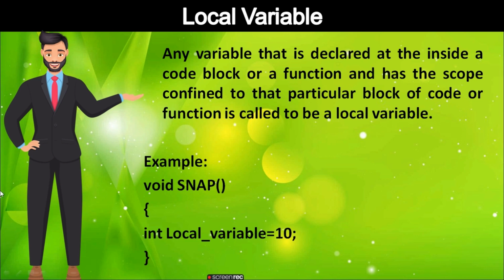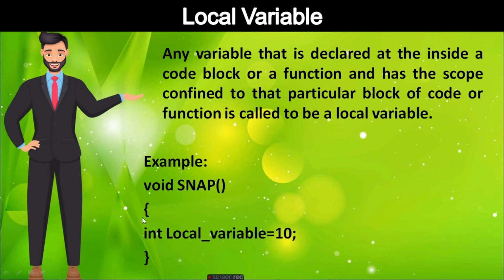I have given an example also. Assume snap is your function name; you can use any name. There is an opening curly brace and a closing curly brace, and this is the function body. In between these two braces, in the function body, we have declared local_variable.